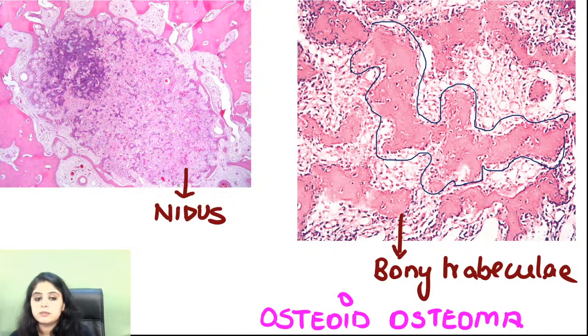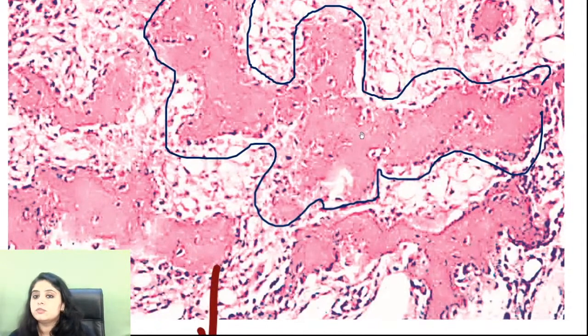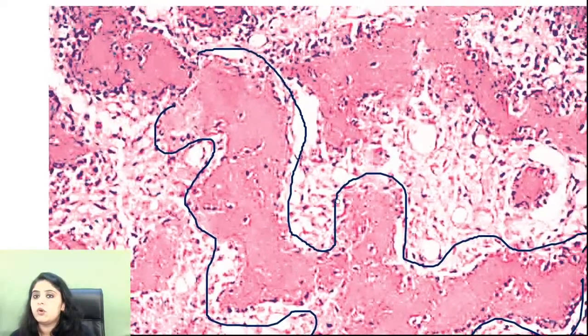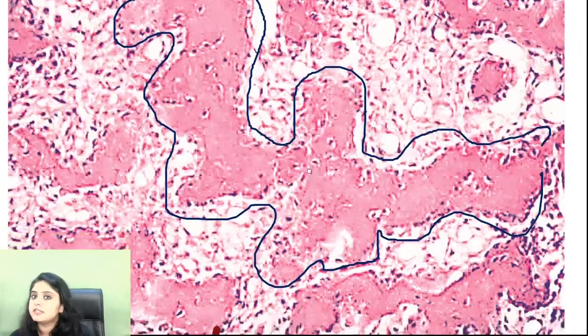Let us zoom into them a little. If I zoom into these bony trabeculae, do you all see that the periphery of these bony trabeculae are lined by some cells? Those single nucleus cells, yes, osteoblastic cells. Can everyone see these very nice thick bony trabeculae all around that are forming?